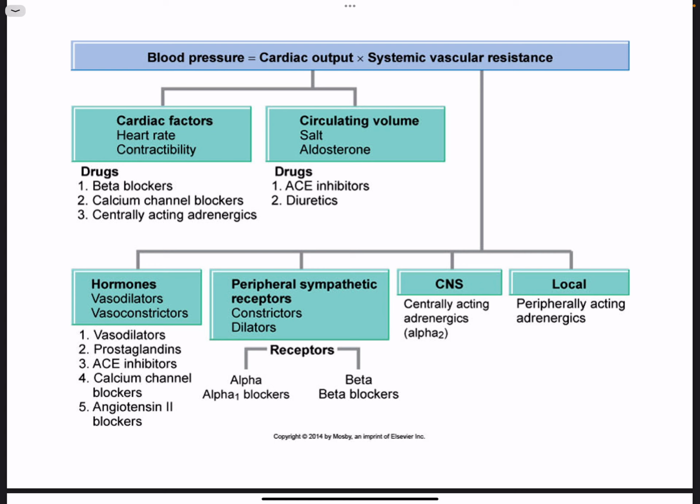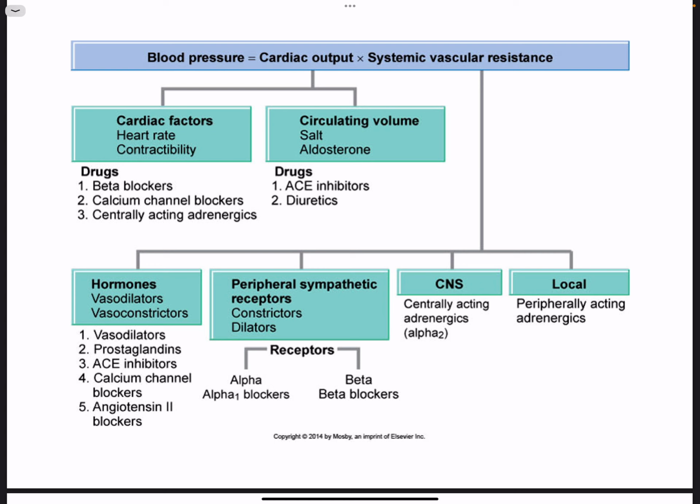So they act in the blood vessels, they block alpha 1 receptors and they reduce the blood pressure. The other group, as we already discussed, blocks beta 1 and beta 2 receptors. And when we block beta 1 and beta 2 receptors, it means we block adrenaline and noradrenaline from attaching to their receptors.